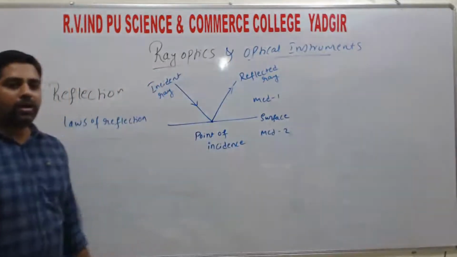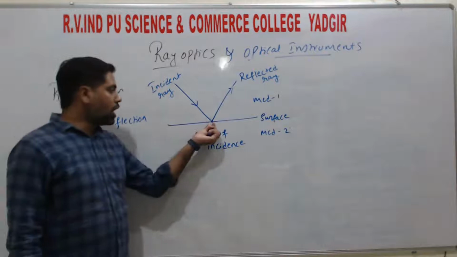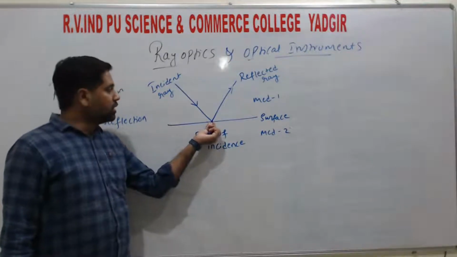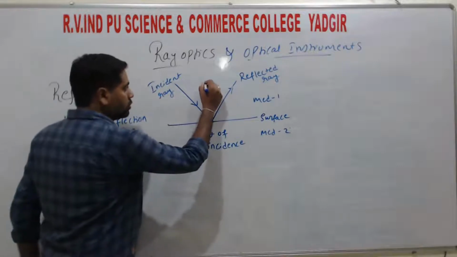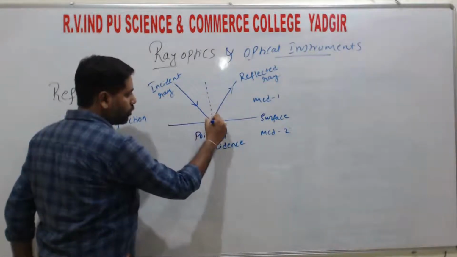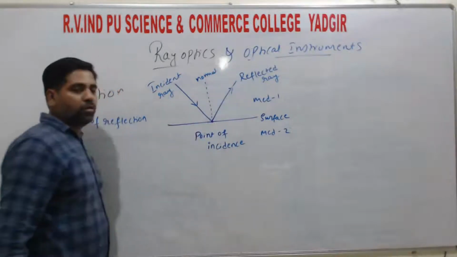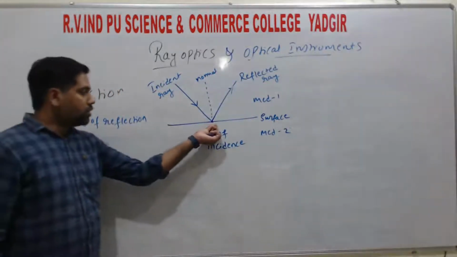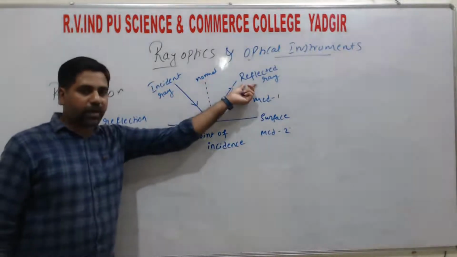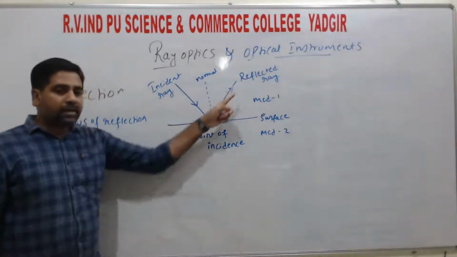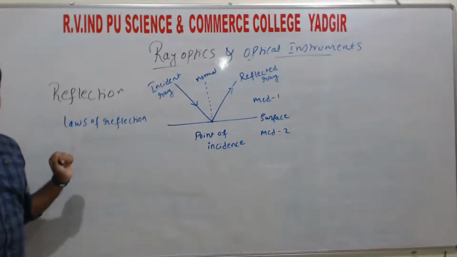We have two laws of reflection. At the point of incidence, the incident ray, the reflected ray, and the normal which is drawn perpendicular to the surface, this one is the normal, right? At the point of incidence, the incident ray, the normal, and the reflected ray all lie in the same plane. That is the first law of reflection, right?